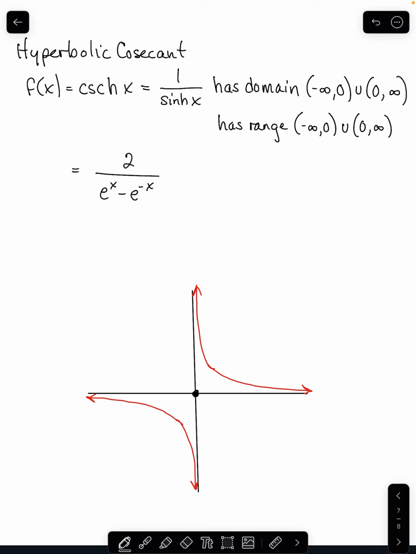So that establishes the 6 hyperbolic functions and their graphs and their domain and range. We also have a number of hyperbolic identities akin to the trigonometric identities.